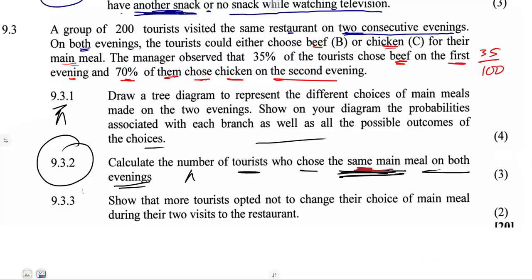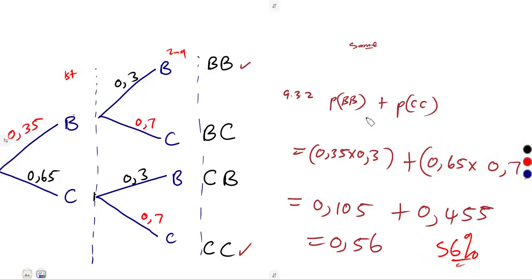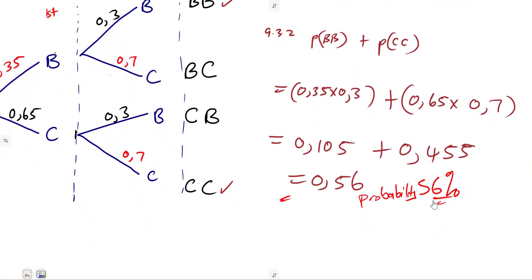The question is to calculate the number. So this is the probability of those who had the same main meal. We calculated the probability: there is a 56% chance of this happening, or 0.56.